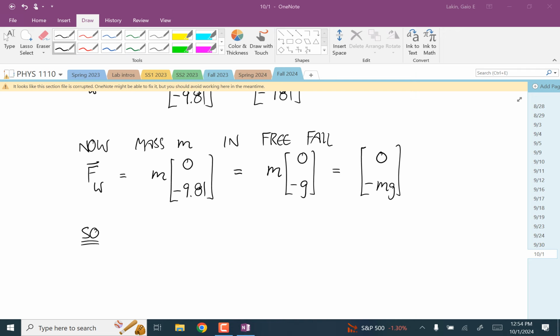And so this is what we get. The problem is you have to worry about units a little bit. I didn't say what the units of the mass are, but you could also think of this as 0, negative 9.81 m, as long as you keep everything in SI units.